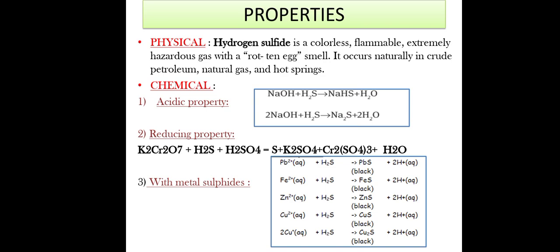When lead nitrate is treated with H2S, it forms black colored lead sulfide. Similarly, when silver salt is treated, it forms black colored silver sulfide. With zinc also it reacts and forms black colored zinc sulfide.